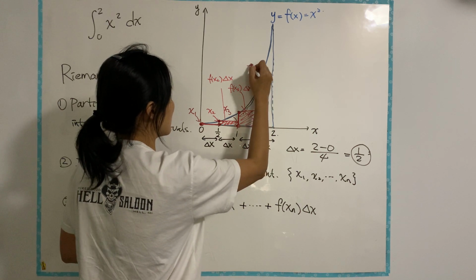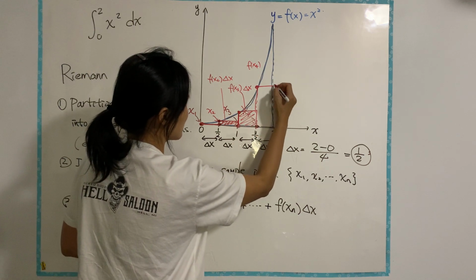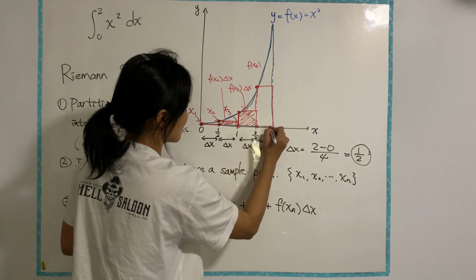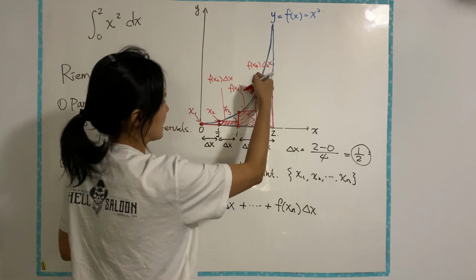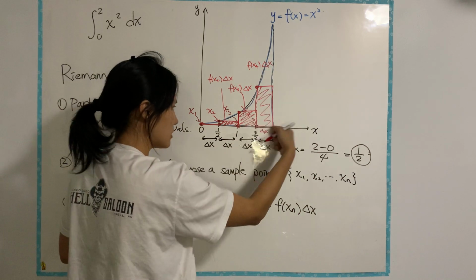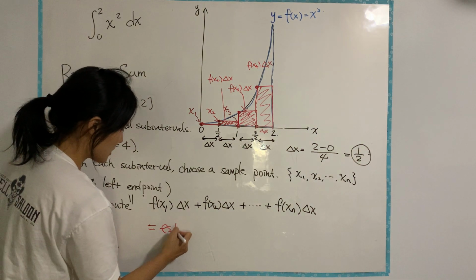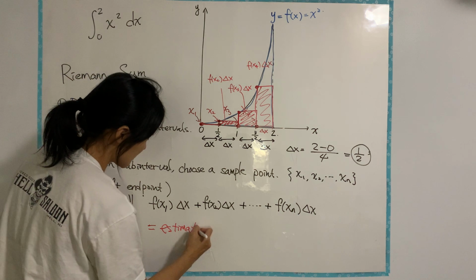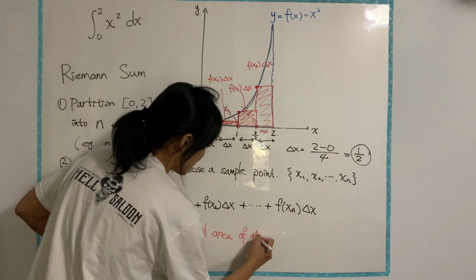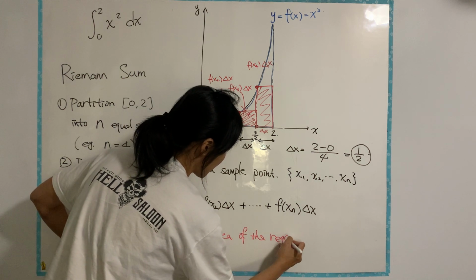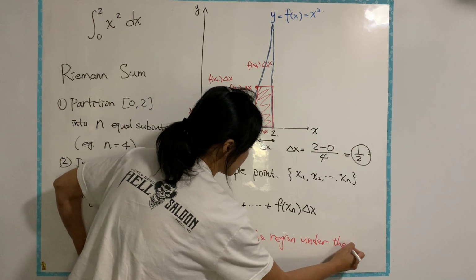So this is f of x4, the height of this point. And if I multiply the height by delta x, then the number I get is the area of this rectangular region. So now you see that this sum gives me an estimated area of the region under the curve.